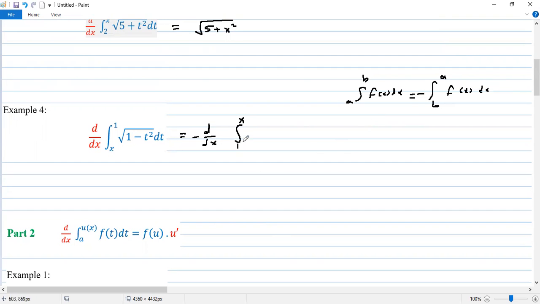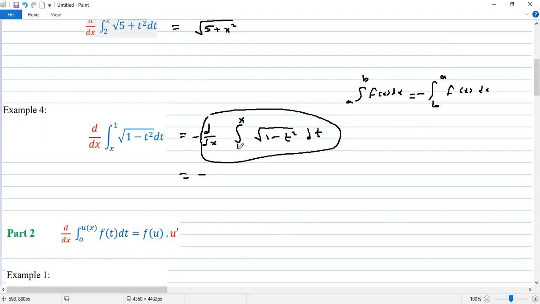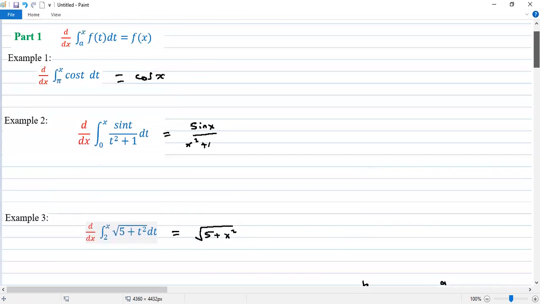So it will be negative, from 1 to x of the square root of 1 minus t squared dt. The answer will be minus the square root of 1 minus x squared, according to the rule, because the lower limit is a real number and the upper limit is only x. That's related to the first rule, the first part.